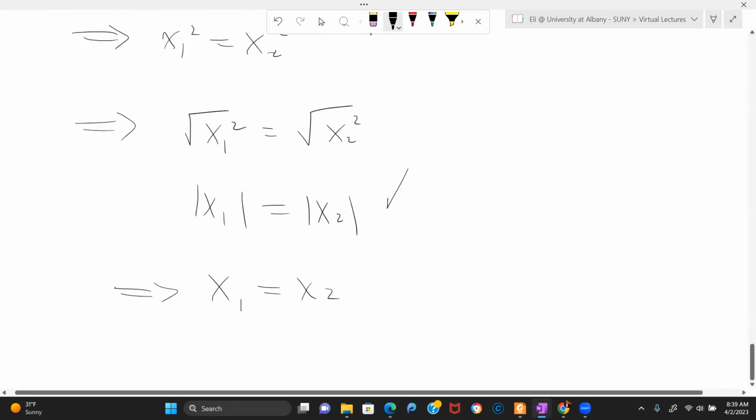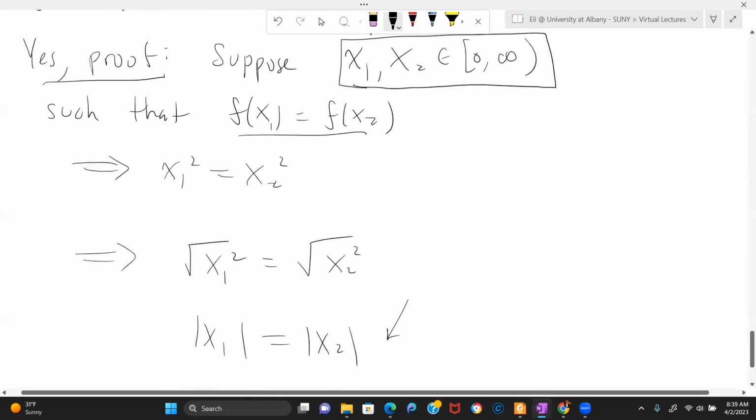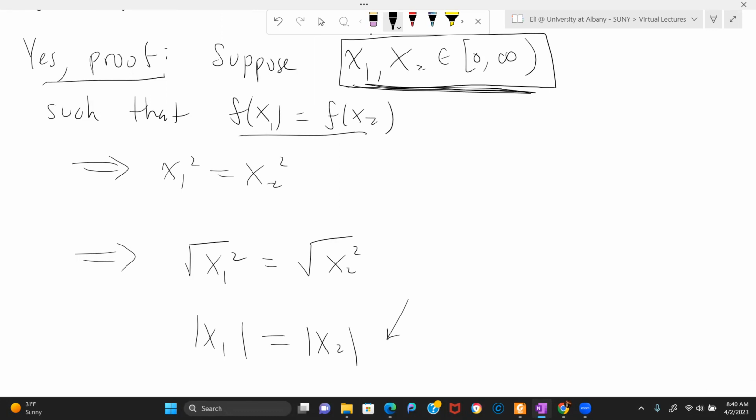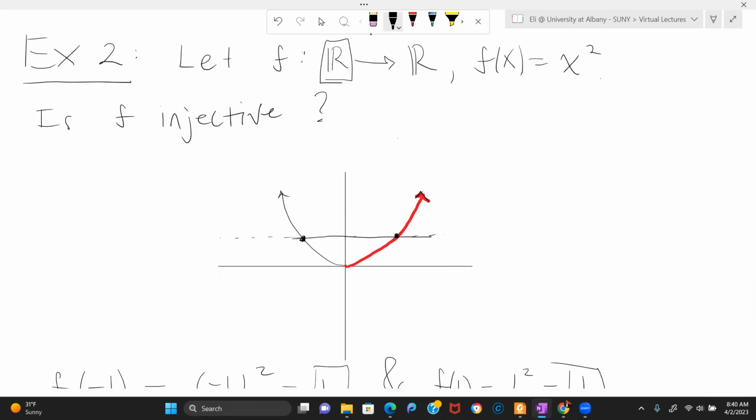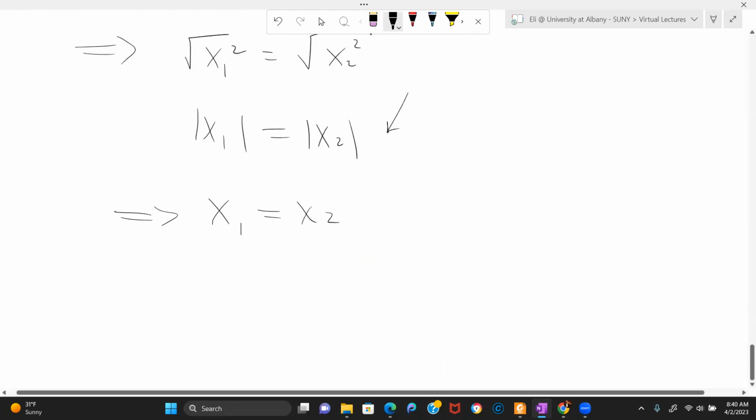And you can see that this step breaks down if you don't assume this right here. For example, if x1 and x2 are just any two random real numbers, like we had up here, or when we had this function defined on the set of all real numbers, there are numbers with the same absolute value, namely -1 and 1. So at this step, if you didn't assume that every number was non-negative, you could have the same absolute values, but this wouldn't hold.